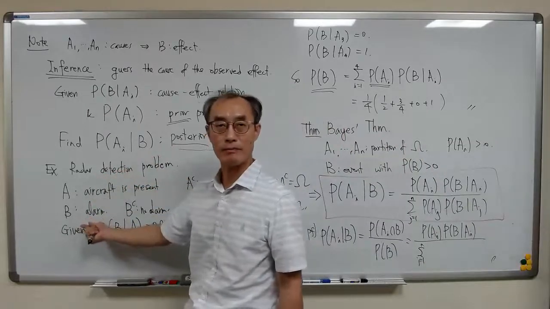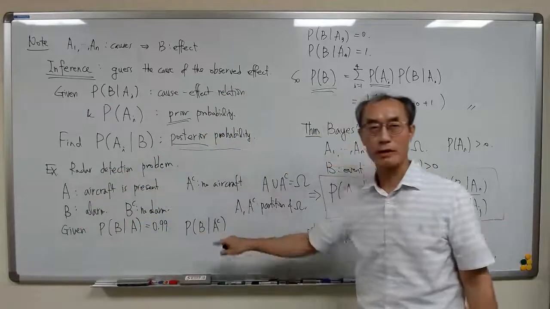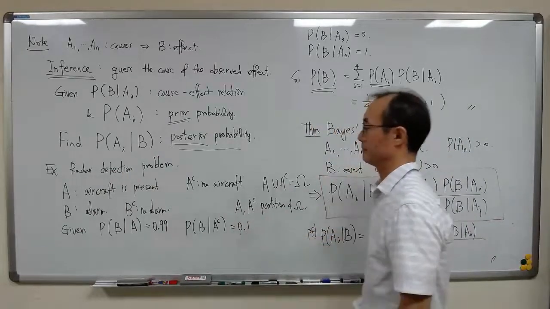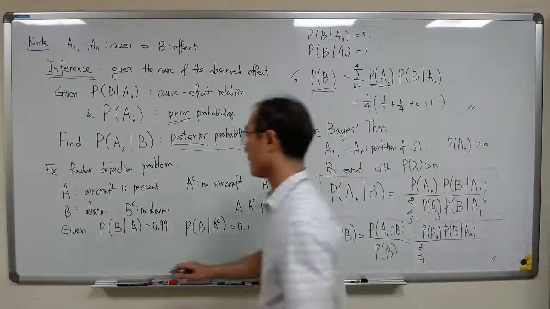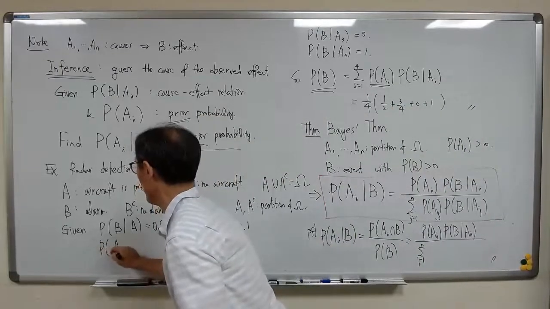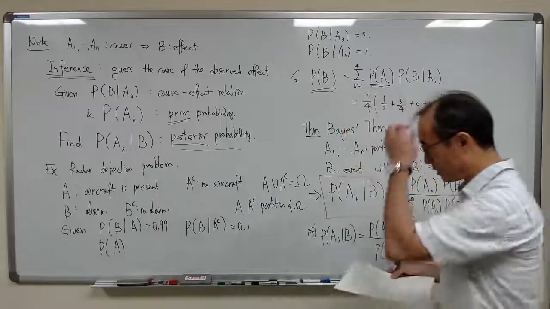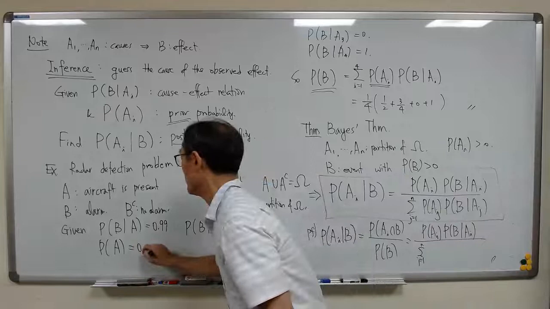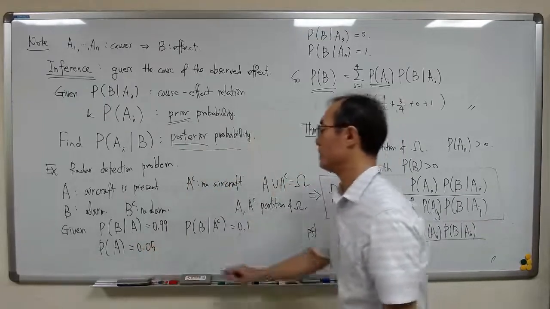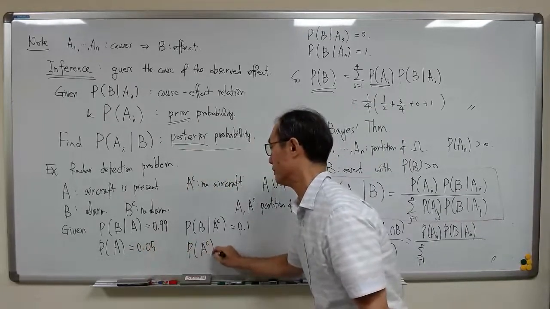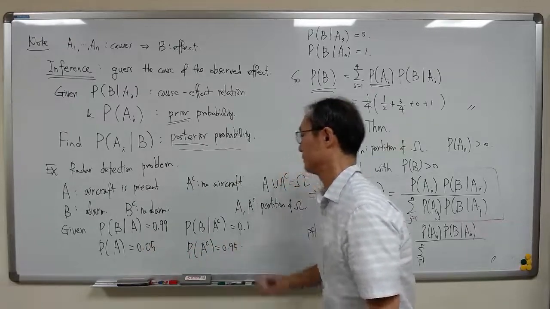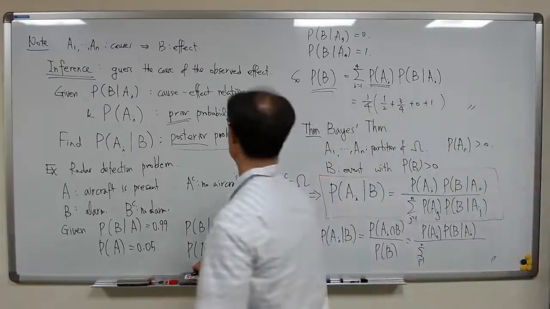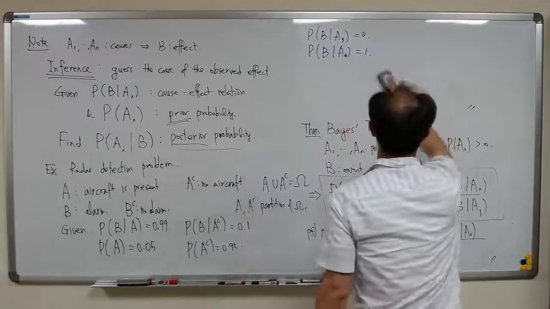That's the probability that the radar facility generates the alarm although there is no aircraft present. This probability is given as 0.1. And also the probability that an enemy aircraft comes in is 0.05. That means the probability of A complement is 0.95. Those are the given information.